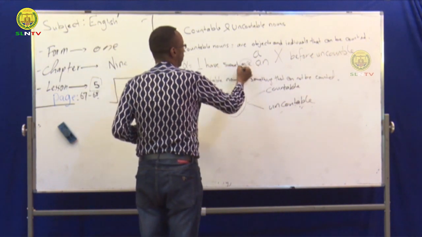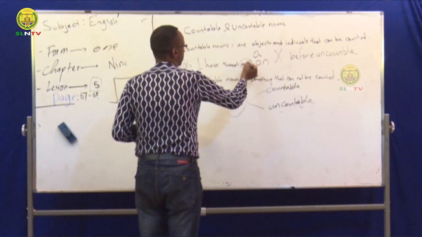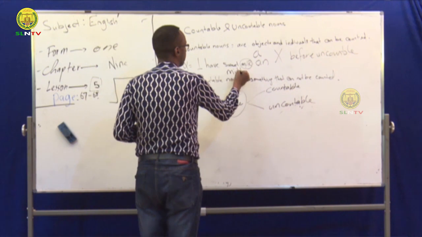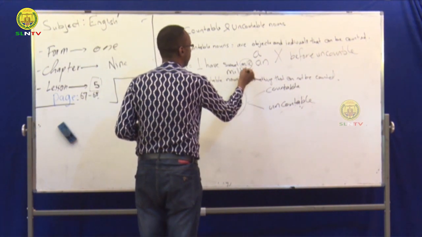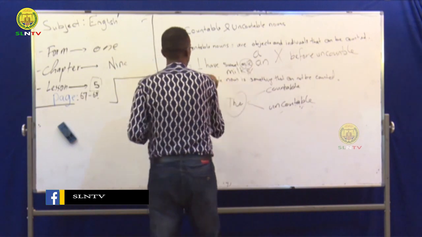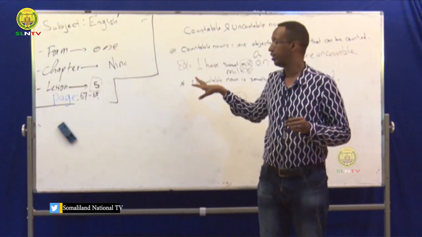Milk here is uncountable because you cannot say milks. If you say milks, it's wrong. It's incorrect. So I have a sweet milk here.